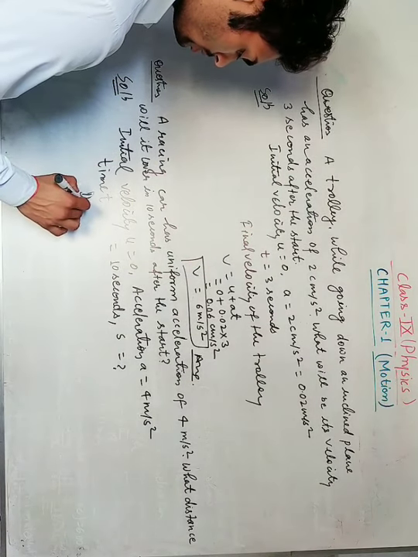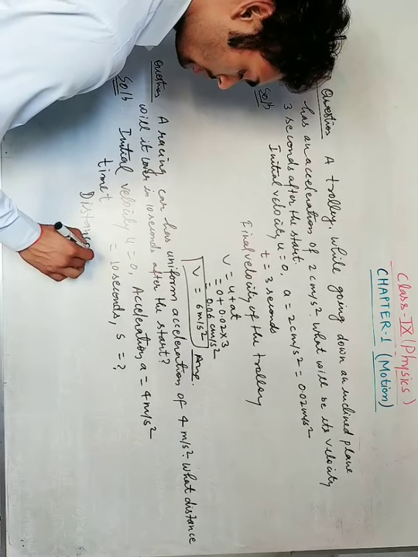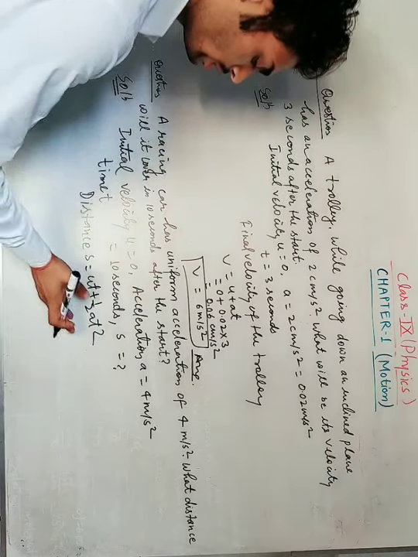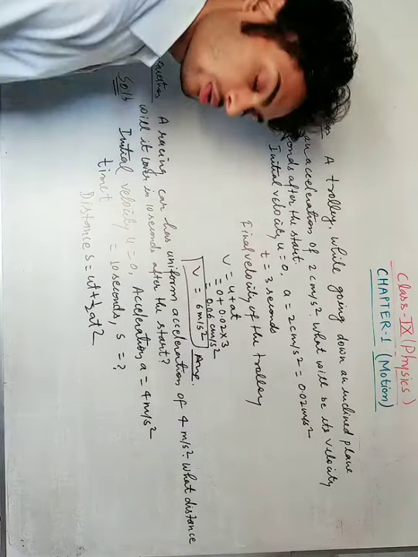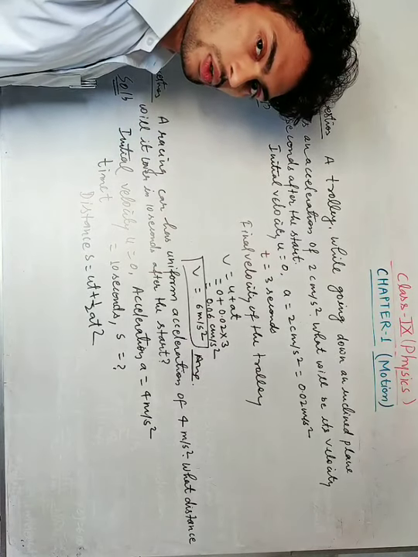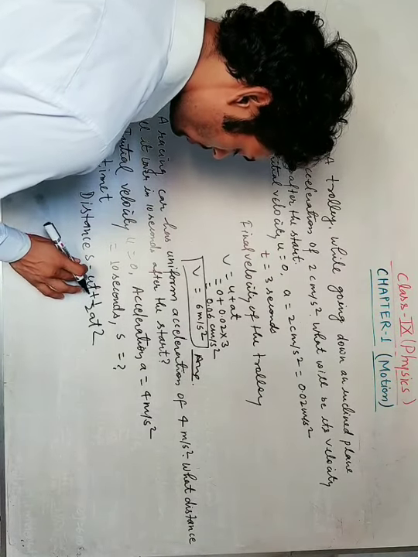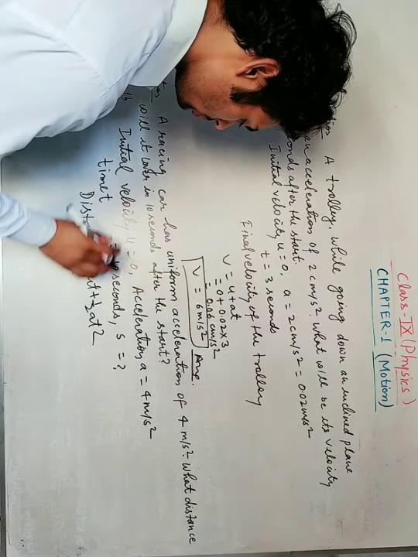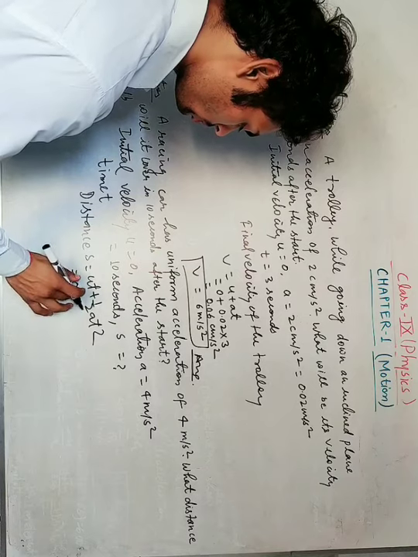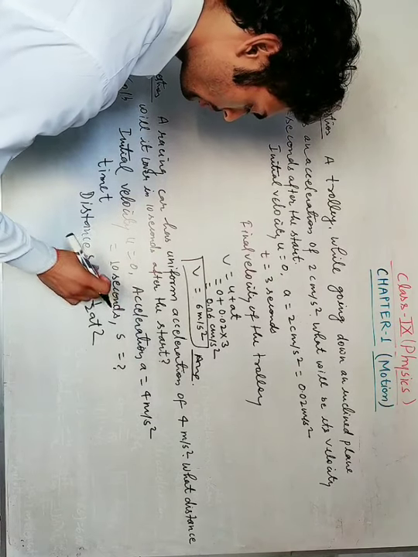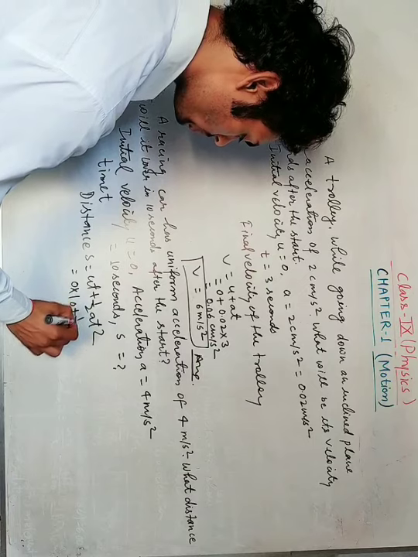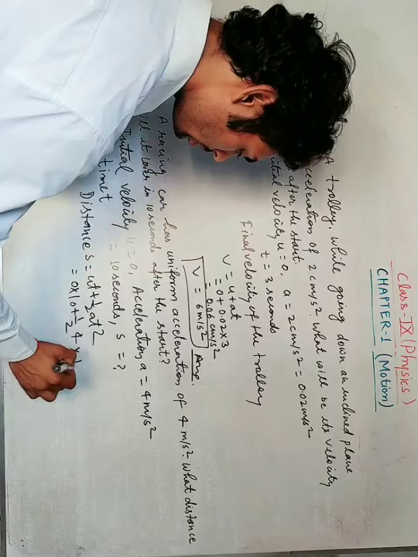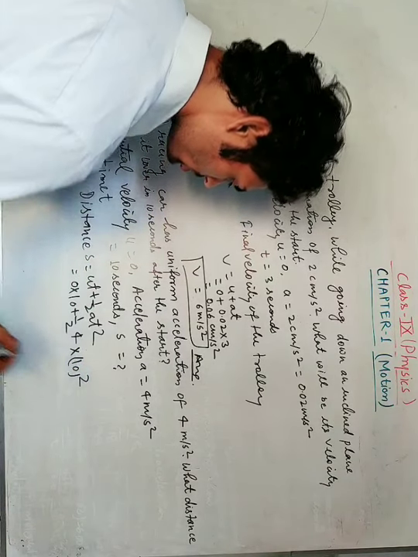Then distance s equals ut plus half at square. When we have to find distance, then we apply the second equation of motion, which is s equals ut plus half at square. Then put the values of u, a and t from above. Then u equals 0 into t equals 10, plus 1 by 2 into a equals 4 into t, 10 to the whole square.